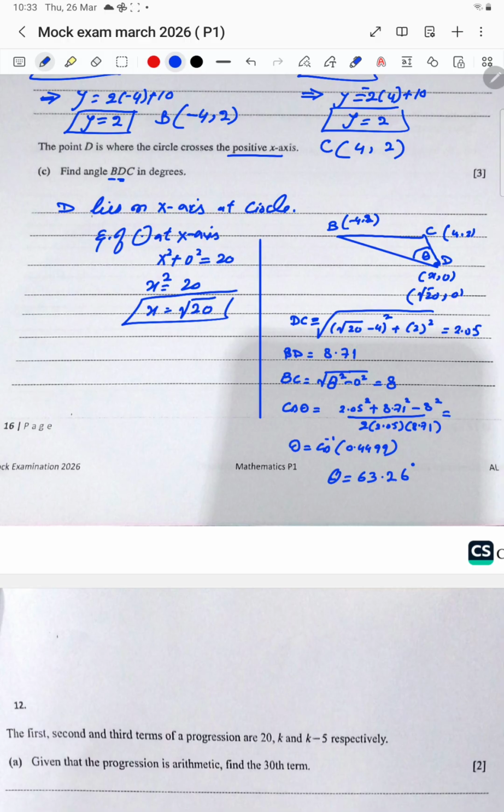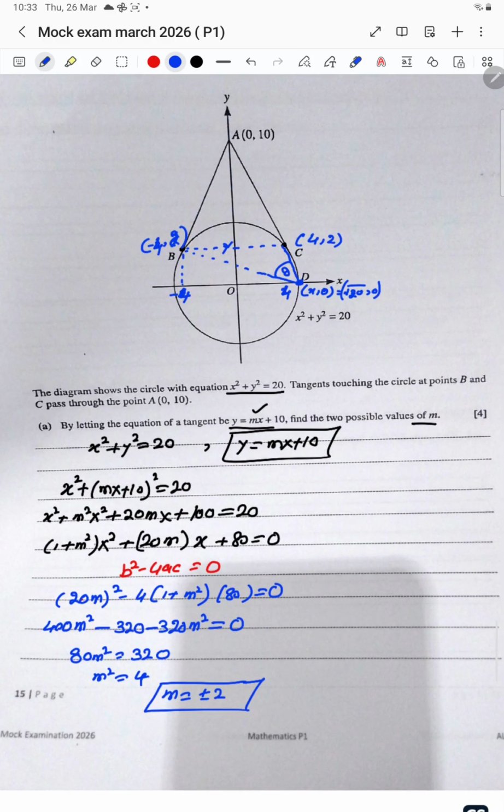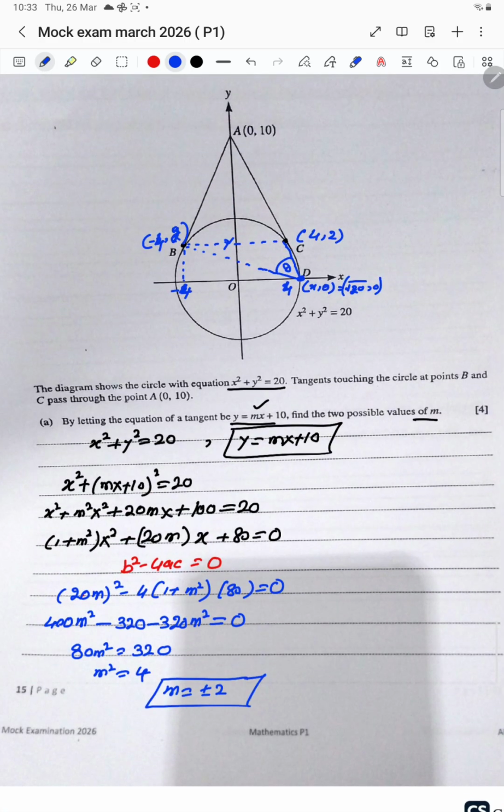Okay guys, so when we have calculated the value of x, that is root 20, the D coordinates, as you can see from the figure, D is lying on the x-axis, so it's x comma 0, so root 20 comma 0. Now we have to calculate the angle BDC. So I need to replot this figure here.